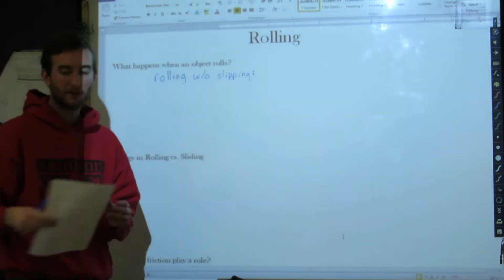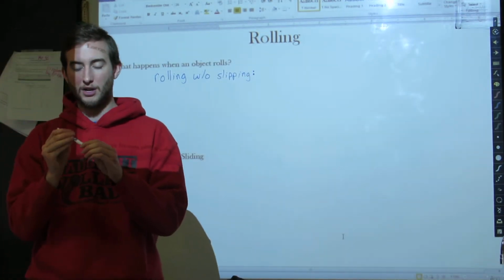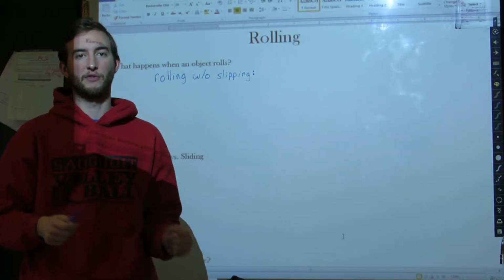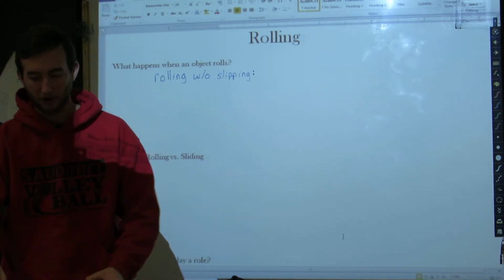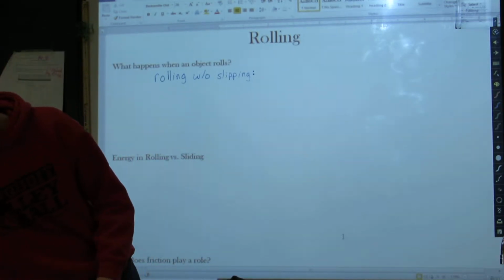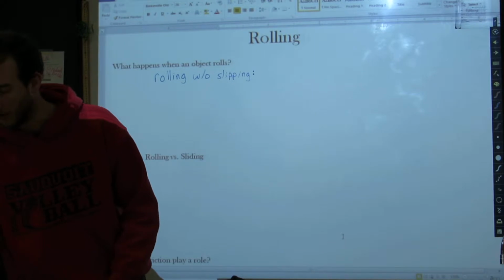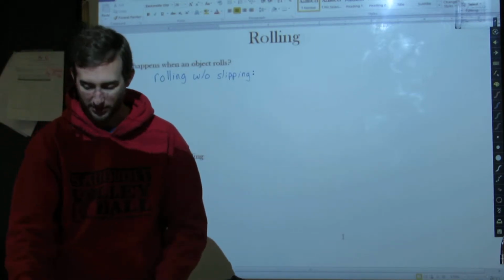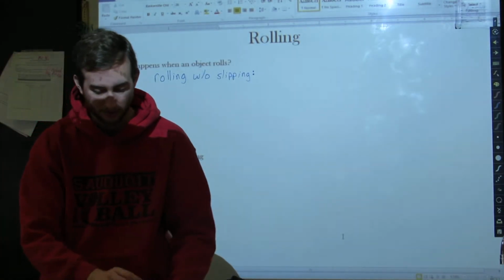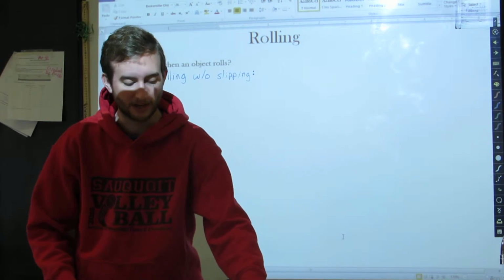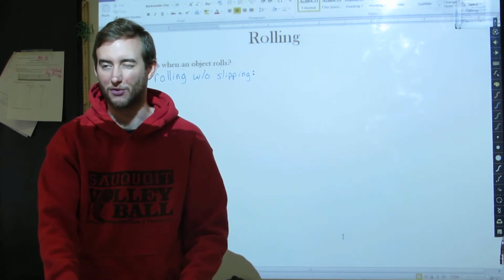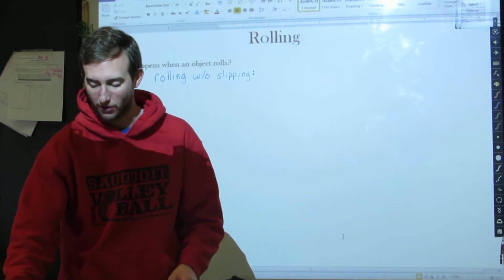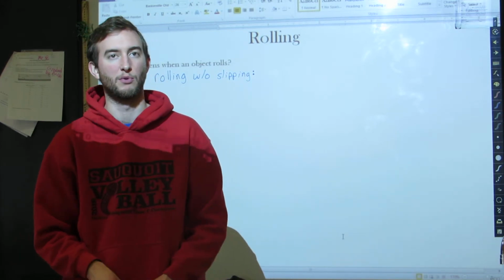If you think about it, there's really three ways that an object could move over a surface and also have some rotation. It could roll without slipping. This would be rolling without slipping, okay? The ball is not slipping. It will make more sense when I show you the other two cases. This is just what we normally think of as rolling.